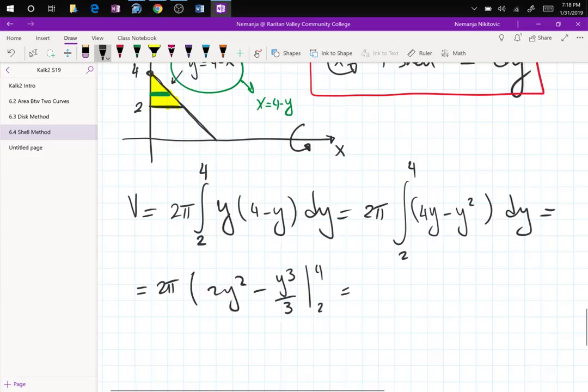And what's the number at the end? Anyone? I see how it is. I ask questions, just crickets on the other side. I got 32 pi over 3. Perfect.